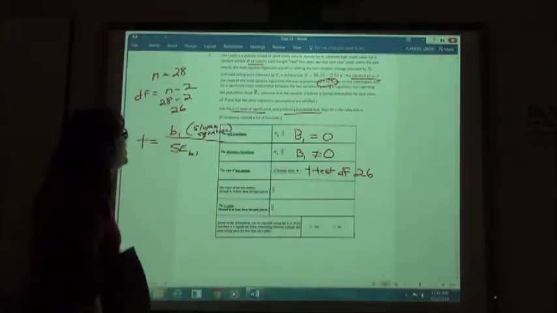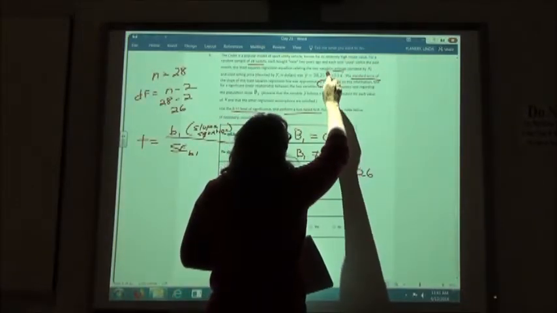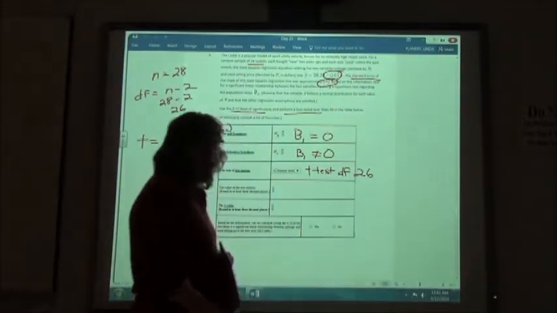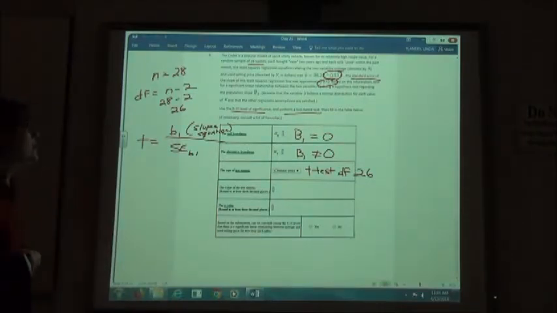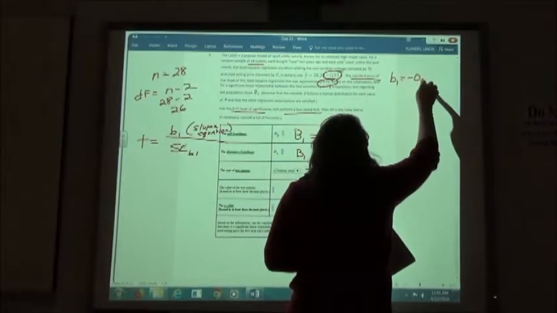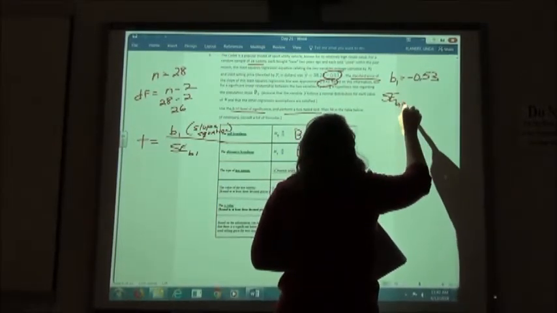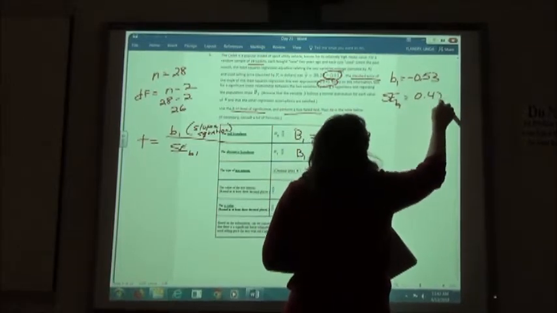So looking here at my equation, I'm going to find my slope. My slope is the number in front of the x. Keep in mind I have to include the sign. So in this case, my B sub 1 value is going to be negative 0.53. My SE B sub 1 value is going to be 0.42.